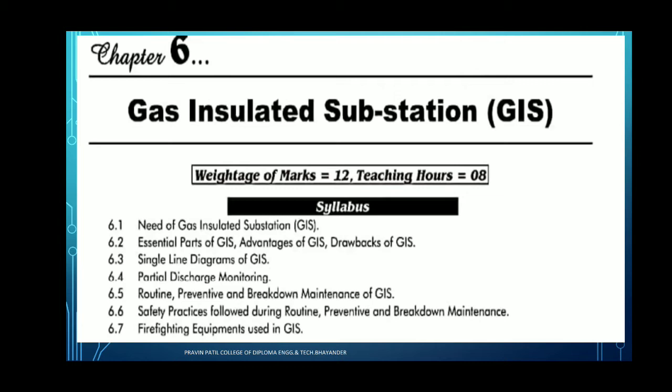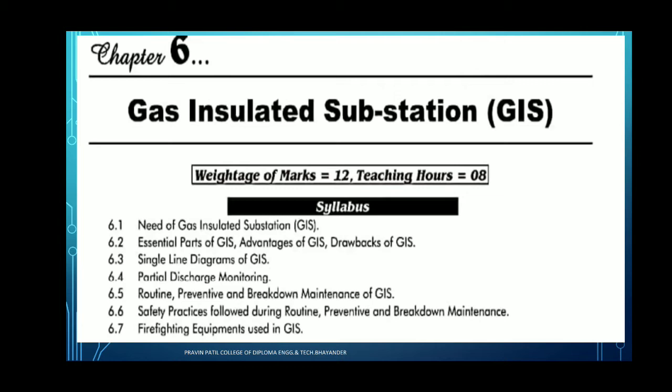After that, a single line diagram of gas insulated substation. Then partial discharge monitoring, routine, preventive and breakdown maintenance of the gas insulated substation, and safety practices followed during the routine test, preventive test, breakdown test and maintenance test for the gas insulated substation.